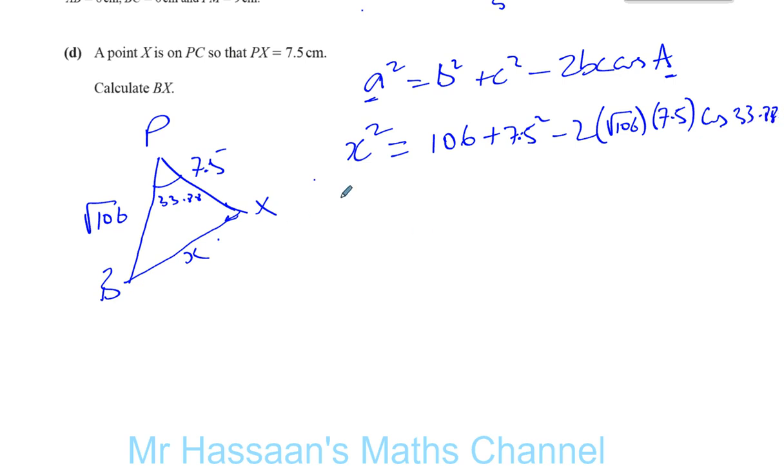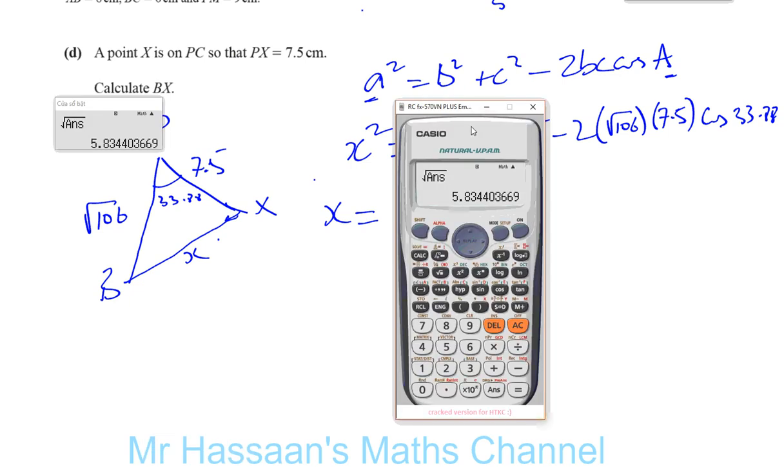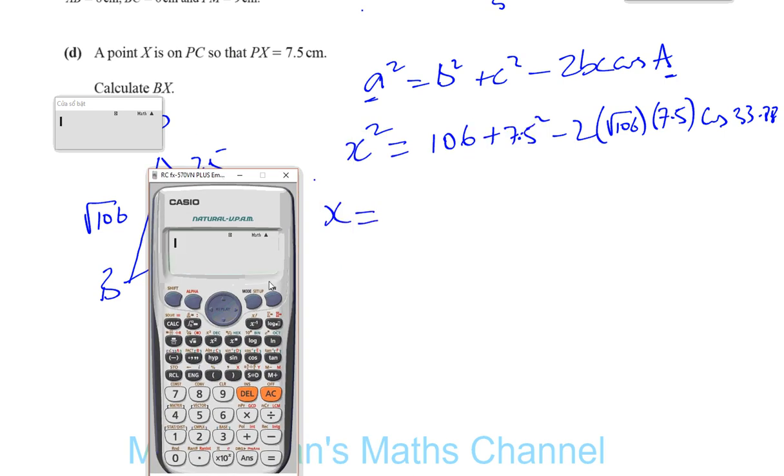Right, so now I can put that in my calculator and simply write the answer down. I'll put that in my calculator with the square root, of course. So I'm going to have the square root of 106 plus 7.5 squared, put under the square root first.